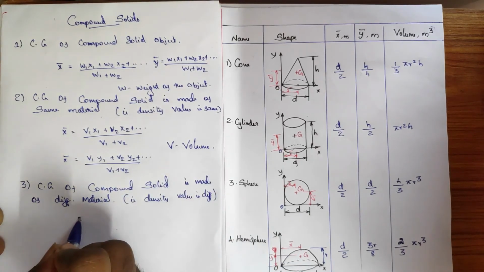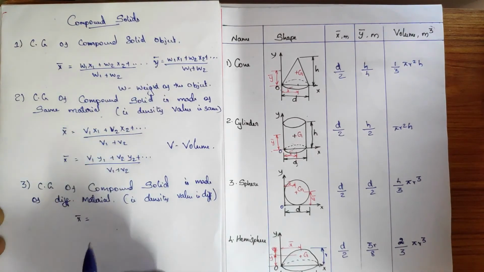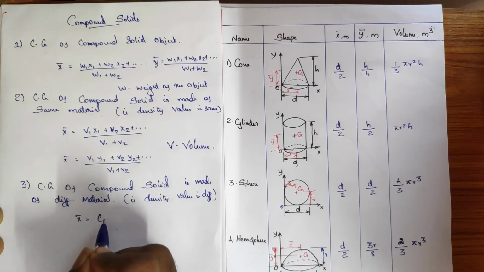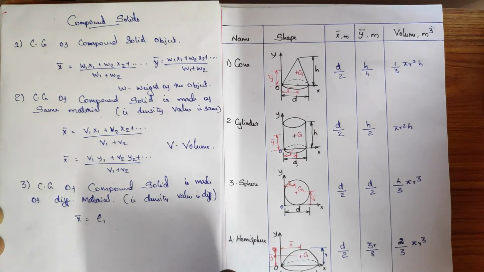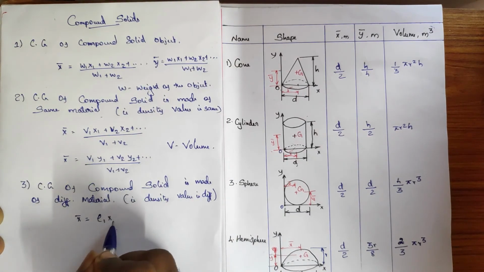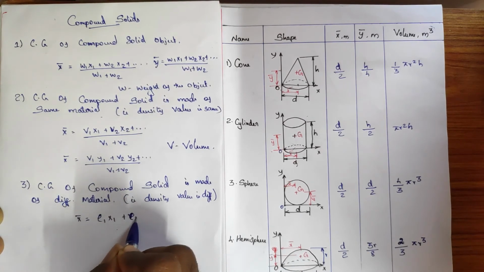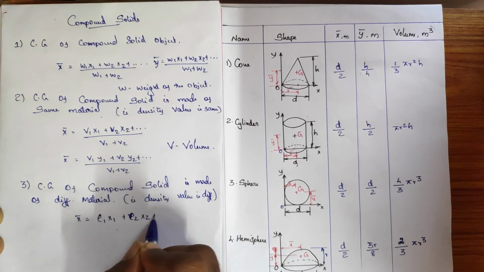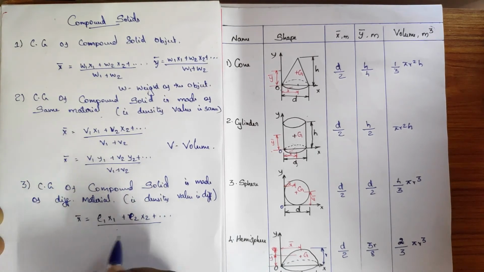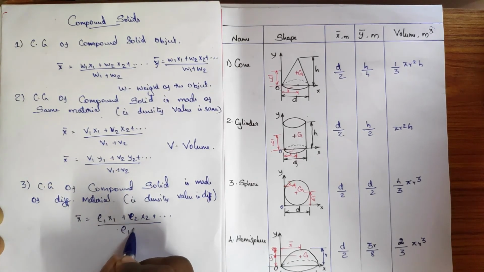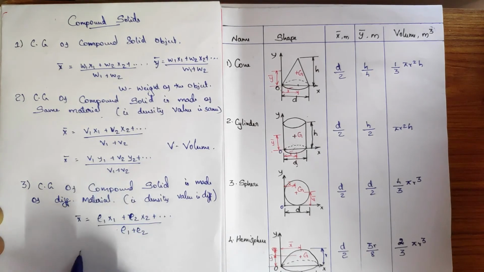Okay, so here in the place of volume we consider the density, which is in terms of rho. Okay, rho 1 x1 plus rho 2 x2, and it goes on, depending upon the number of materials, divided by rho 1 plus rho 2.